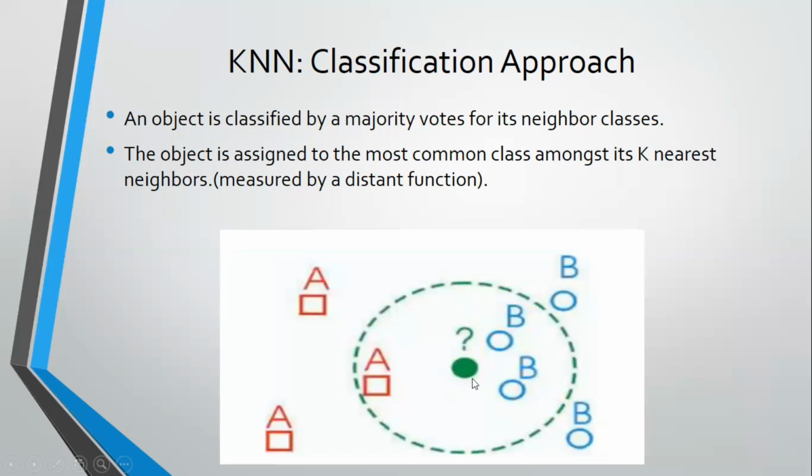Suppose I take only two neighbors to classify this new or unknown data point. These two data points are very close, the distance is very small. So we can say this new, unknown data belongs to class B. This is the concept we use in KNN classification.